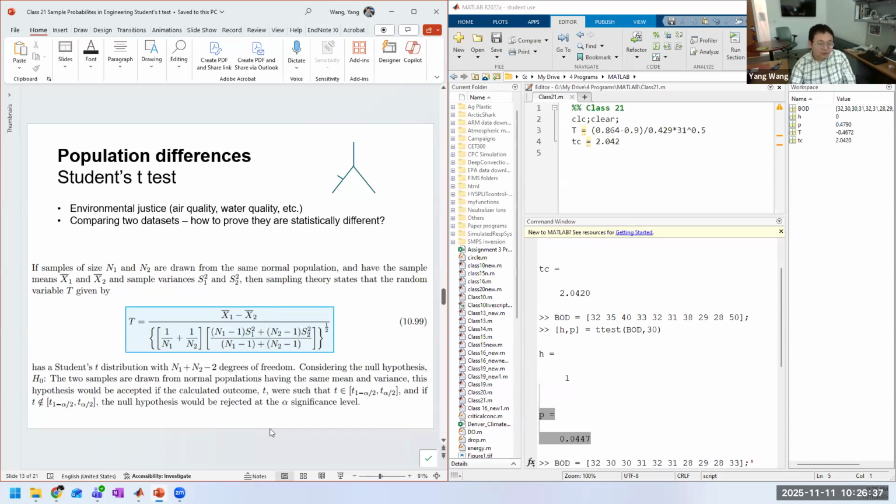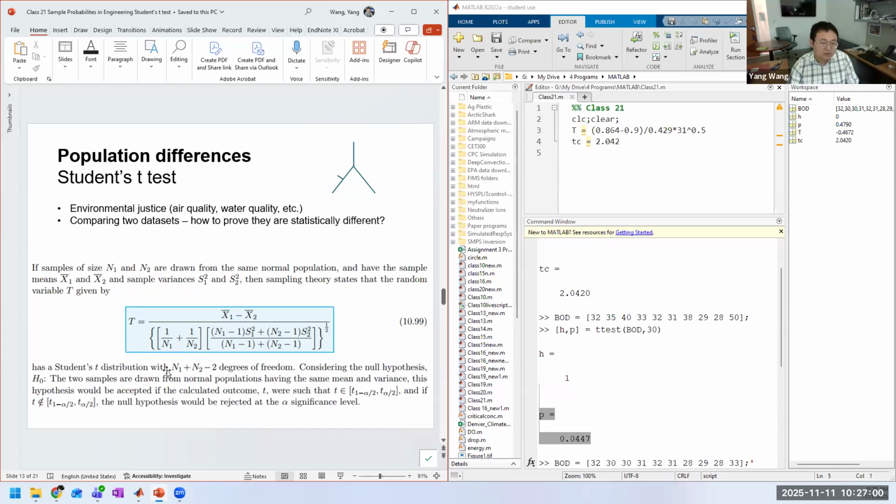And then how do we find the critical t? This t is also going to follow a t distribution, and the degrees of freedom is going to be n1 plus n2 minus 2. That's different from the previous t-test, where it was just n minus 1.